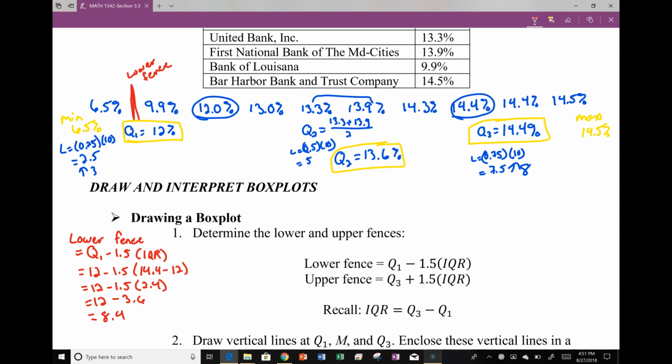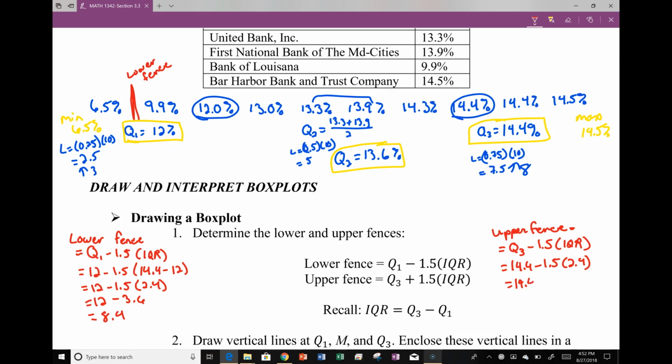Then I'm going to come over to the other side over here and calculate my upper fence. Recall that upper fence is equal to Q3 minus 1.5 times the IQR. Q3 was 14.4 minus 1.5. Well, my IQR I calculated here as being 2.4.